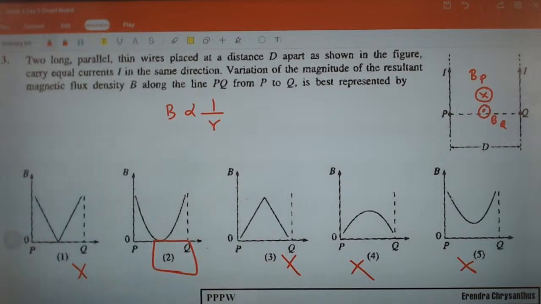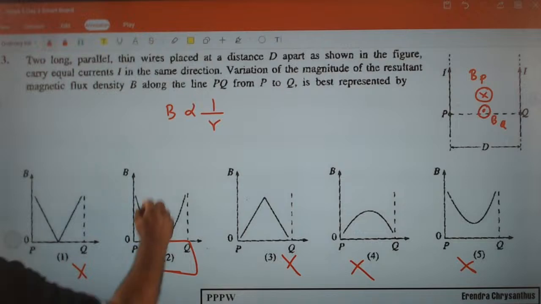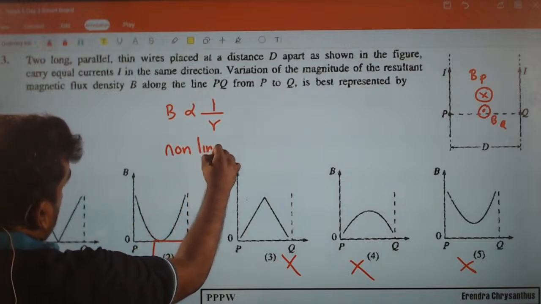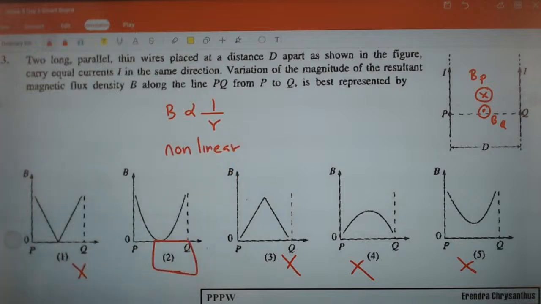When currents are traveling in the same direction, the magnetic field at the center can be 0. By applying the right hand rule, we can find this.